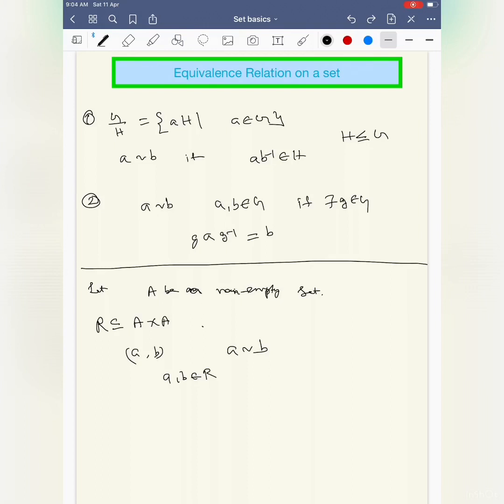Some relation is a binary relation, and we say it is reflexive if a is related to a.